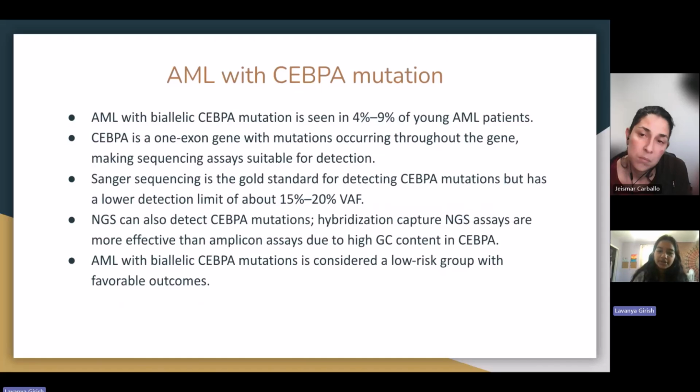NGS can also be good for detecting this mutation. Hybridization capture NGS assays are more effective than amplicon assays due to the high GC content in this gene. And this mutation is considered a low-risk group with favorable outcomes.